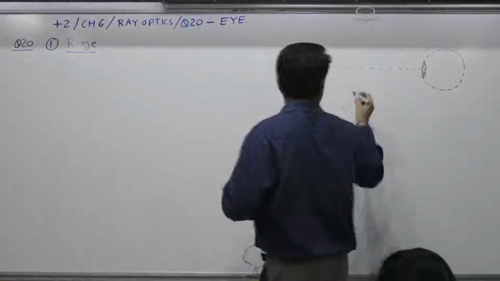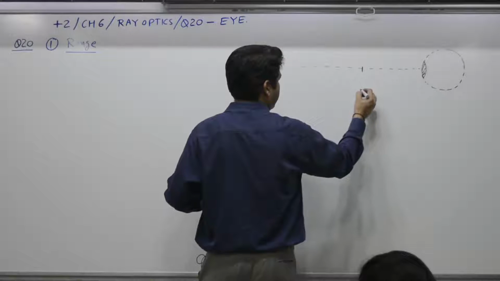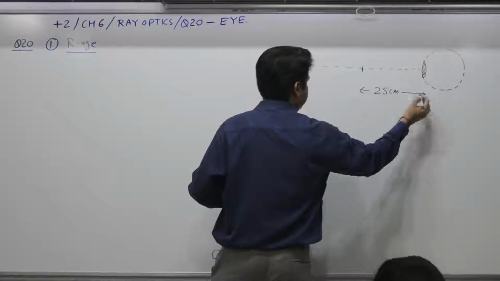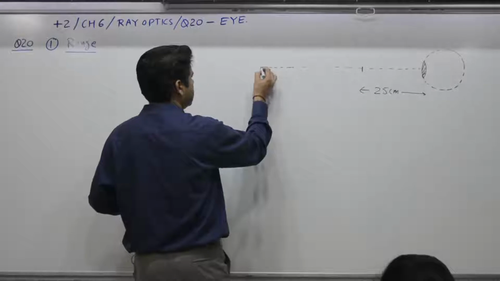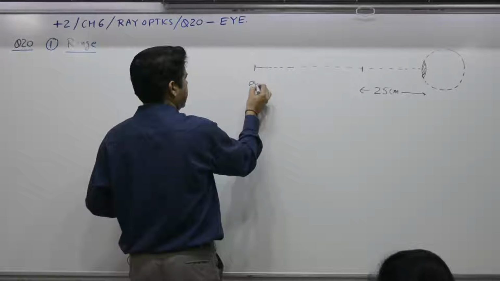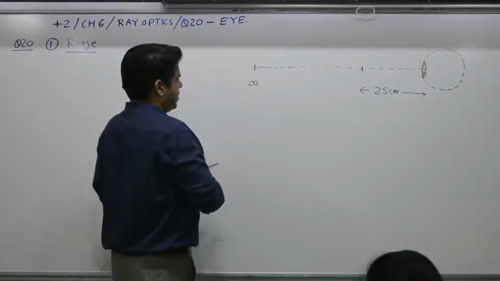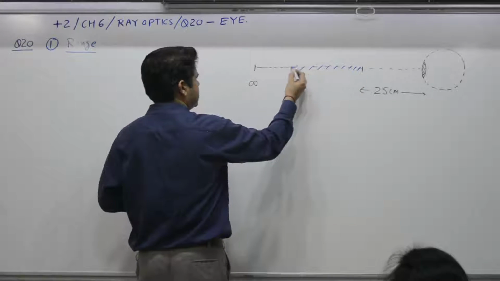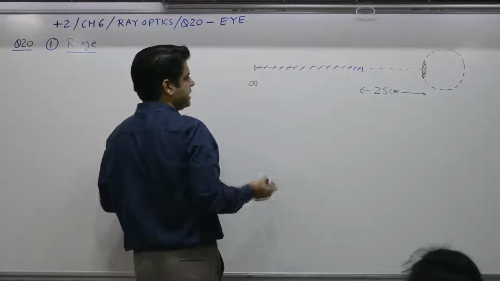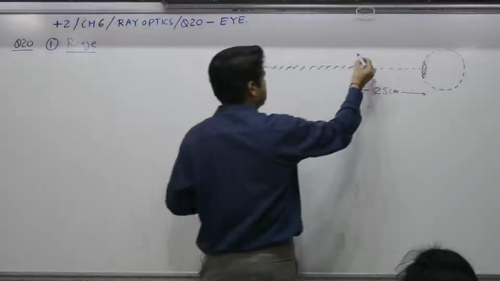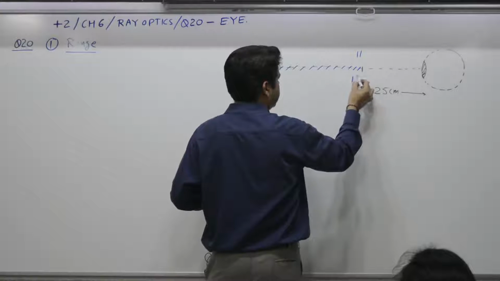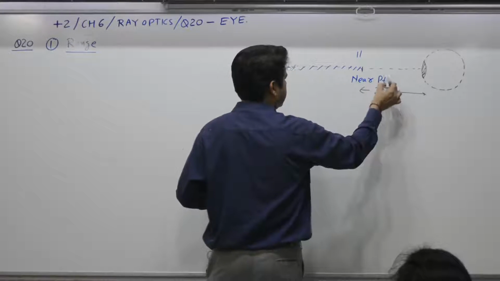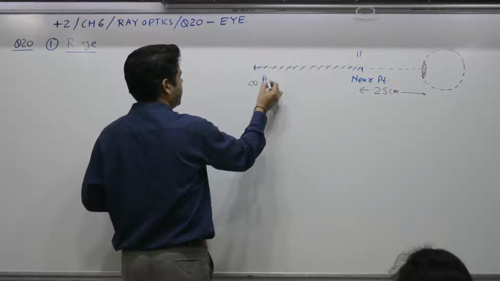So the field of view for a normal eye is 25 centimeter to infinity. This is the range in which, if you place an object, I can see. This point is termed as near point. This point is termed as far point.